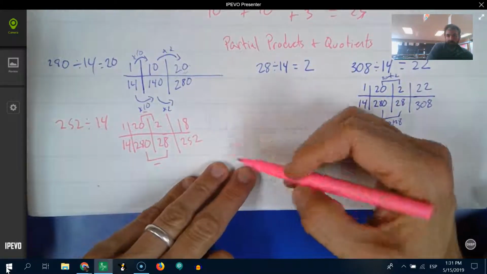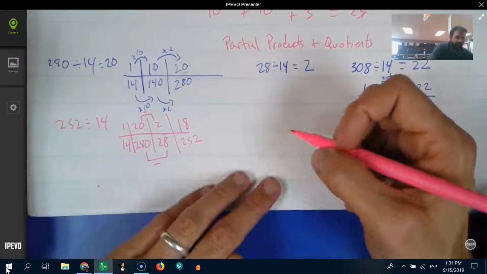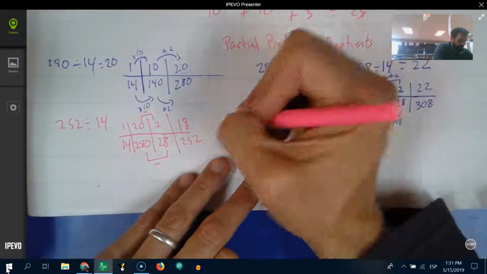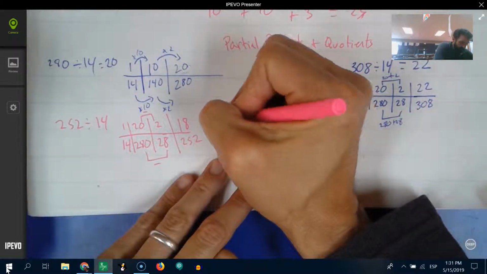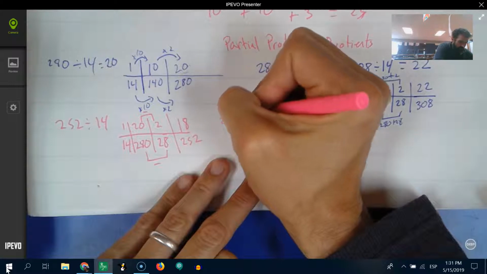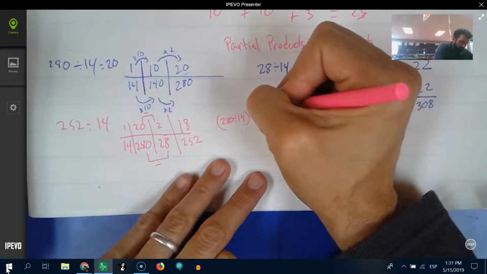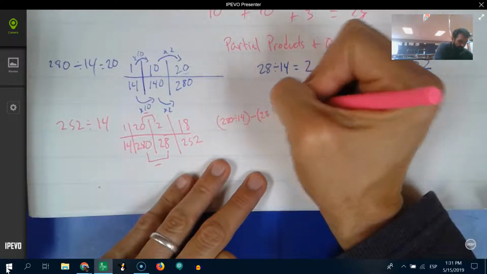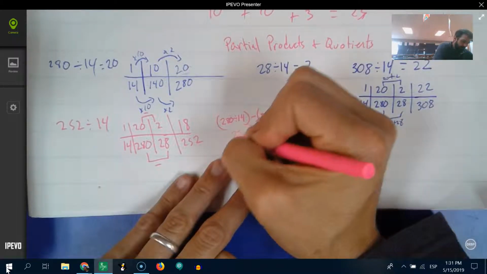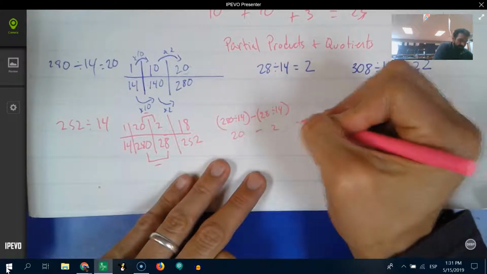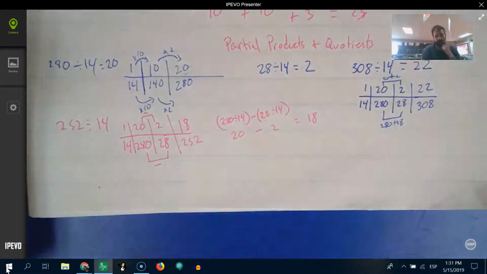And if you want to connect this back to our previous video, if you're watching the playlist in order, then we can see that 280 divided by 14 minus 28 divided by 14 gives us 20 minus 2, which is equal to 18. Right, so same sort of thought process. This is just looking at it a little differently.